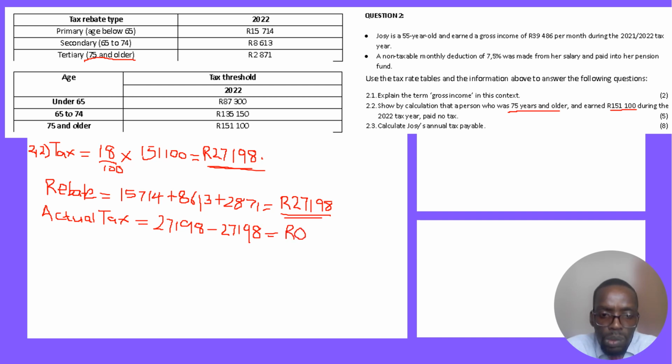So this person here is not going to pay anything in tax. So that's what we have shown there.